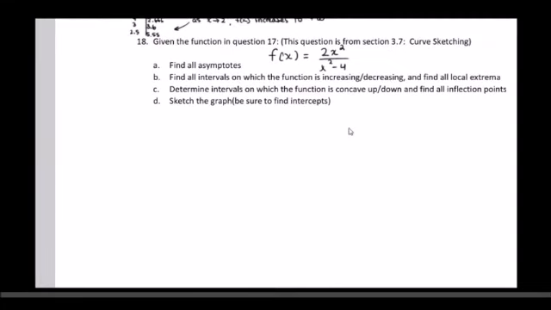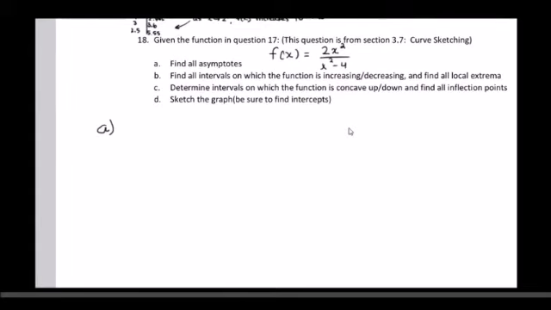So for part A, we need all the asymptotes. Vertical asymptotes come from the denominator. If we factor the denominator, we would get x minus 2 and x plus 2.